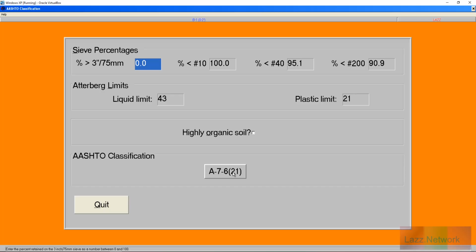It's saying A76. Yeah, because our PI is 22. Oh yeah, that's right. If it's organic, it's A8. I forgot about that part.